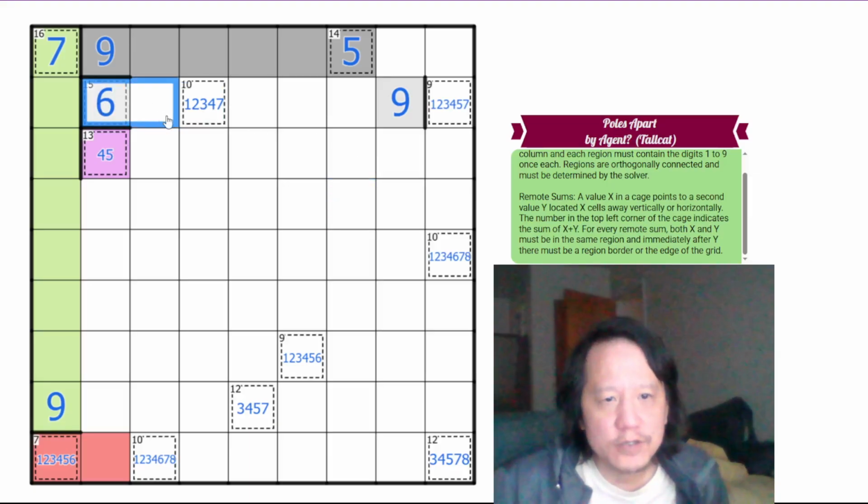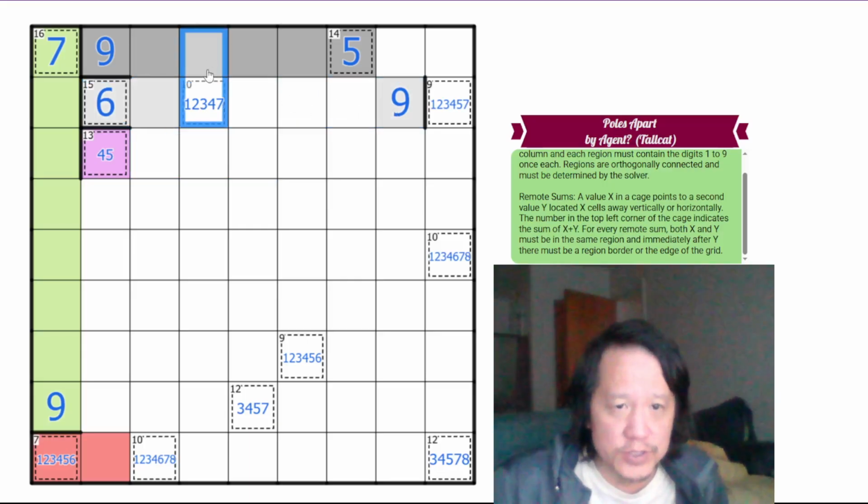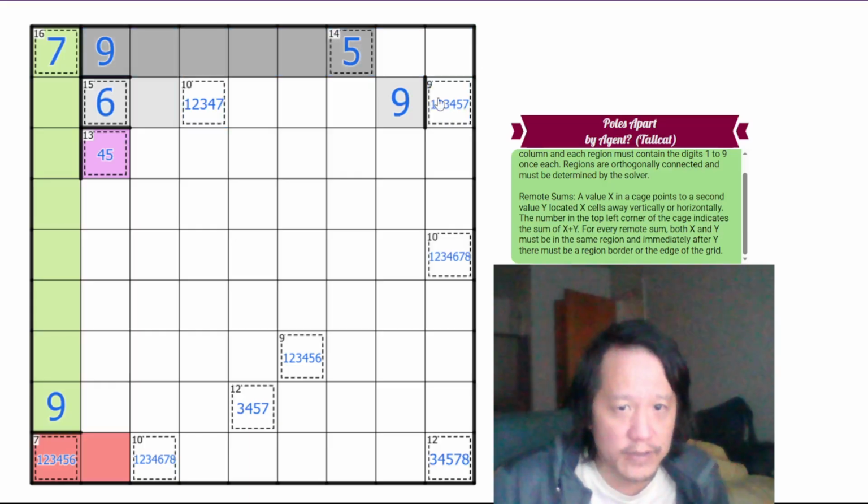So this has to go this way then. So that's light. It cannot go around here. If we try to make this go around, and this has to go this way, and it can only be orthogonally connected to here to add up to 10, because you can't be 1, 2, 3, 4, 5, 6, 7, 8, 9, 10 down there.